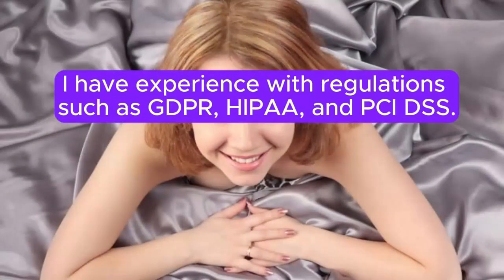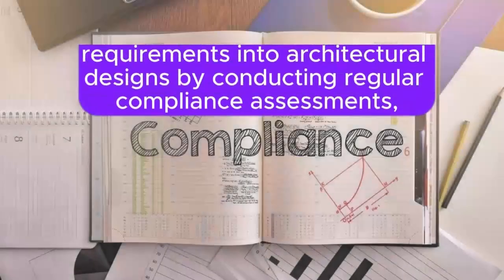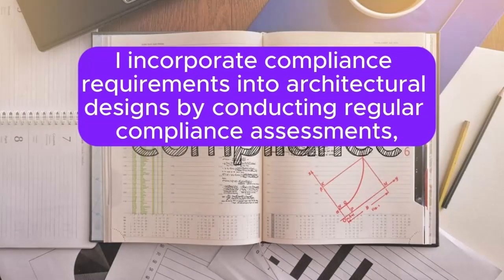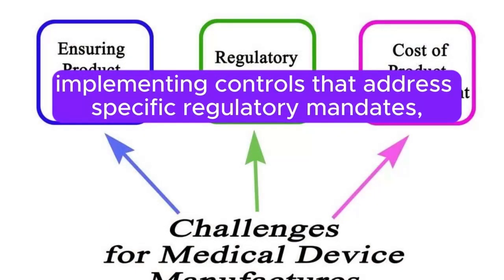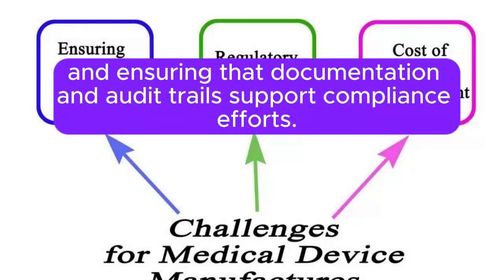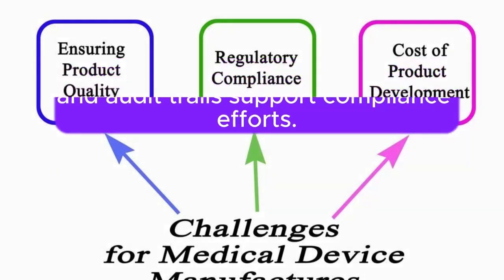I have experience with regulations such as GDPR, HIPAA, and PCI DSS. I incorporate compliance requirements into architectural designs by conducting regular compliance assessments, implementing controls that address specific regulatory mandates, and ensuring that documentation and audit trails support compliance efforts.